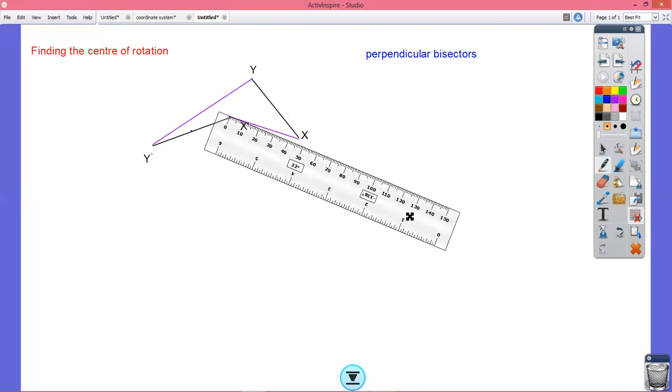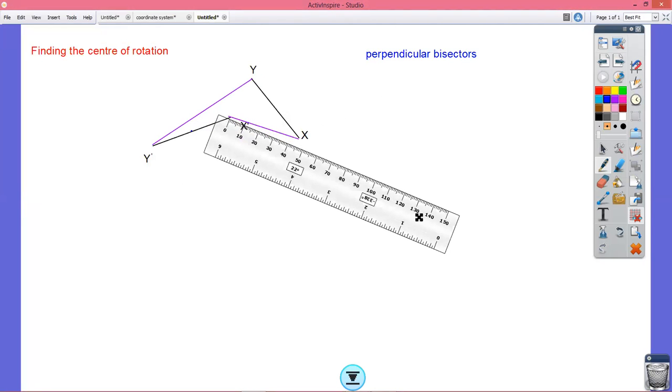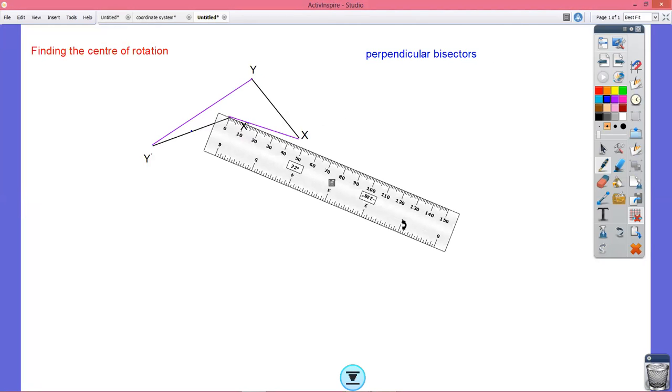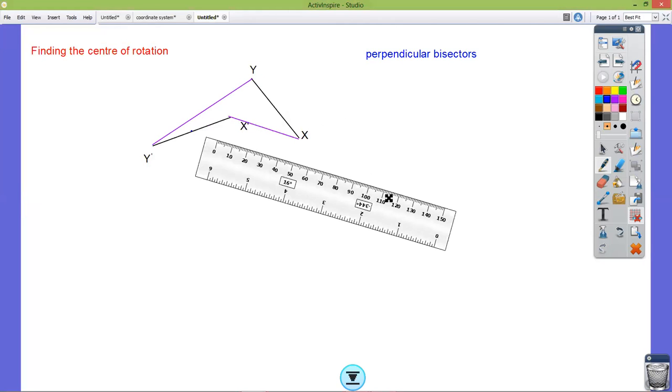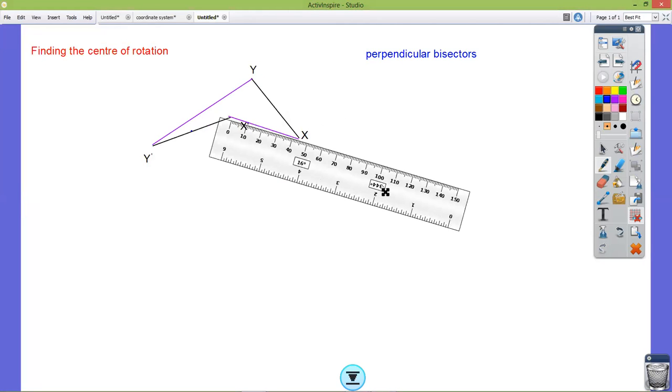It will be around 2.2. It will be here somewhere.